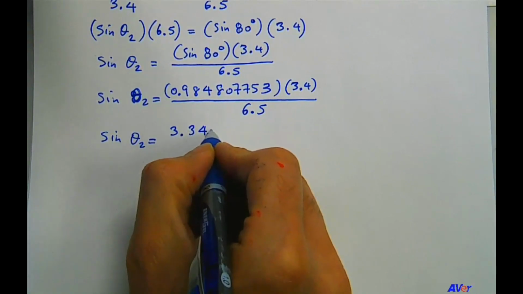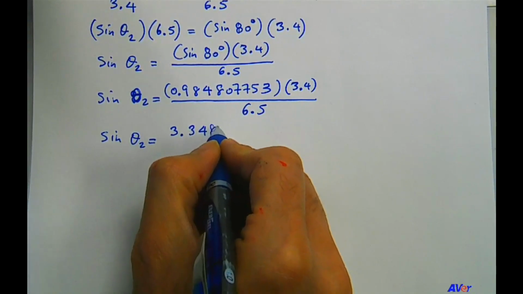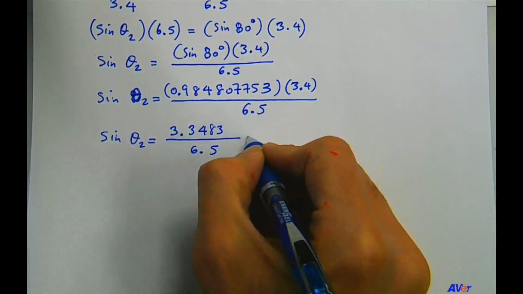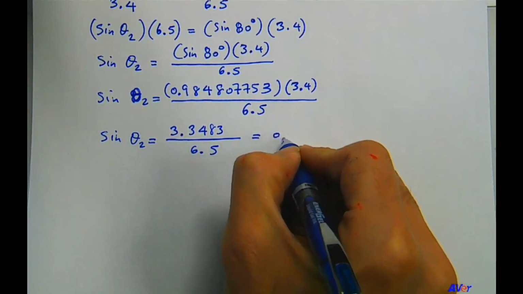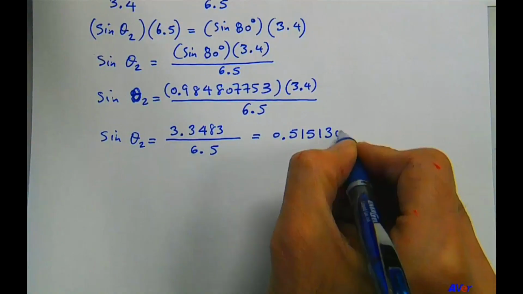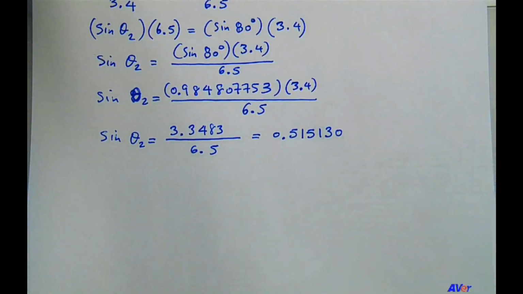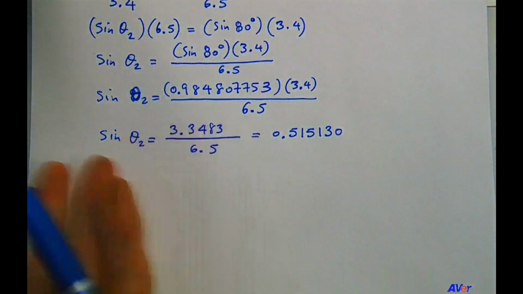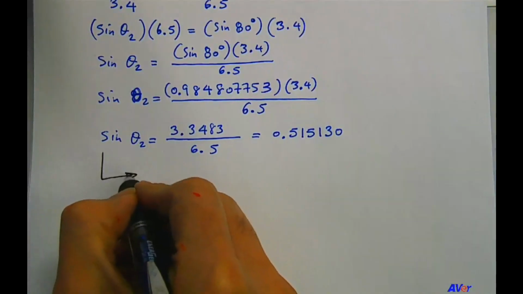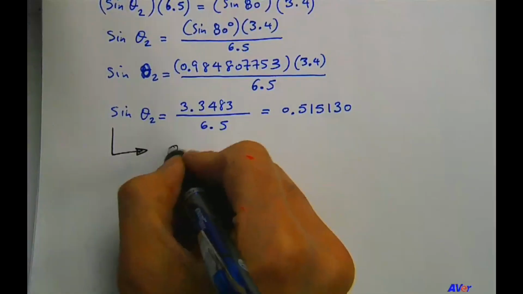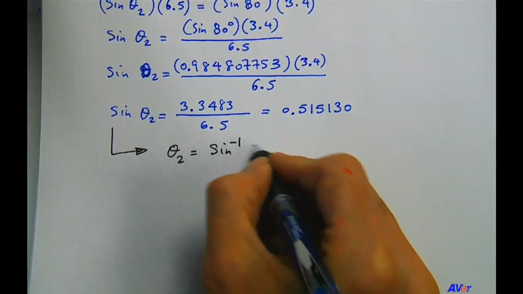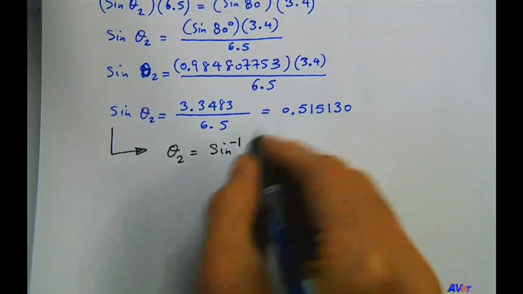So 3.3483 divided by 6.5, and that is equal to 0.515130, or you can just not write that 0 at the end. Okay, so this is sine of theta. So this means theta 2 is equal to inverse sine of this measure.